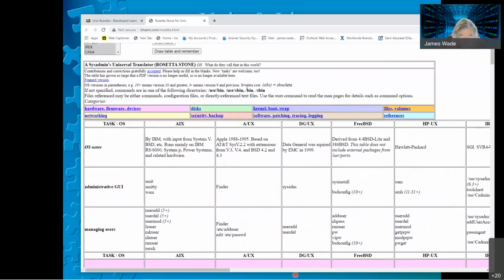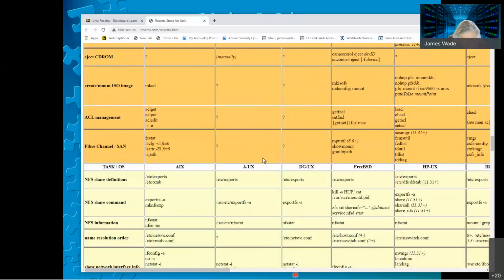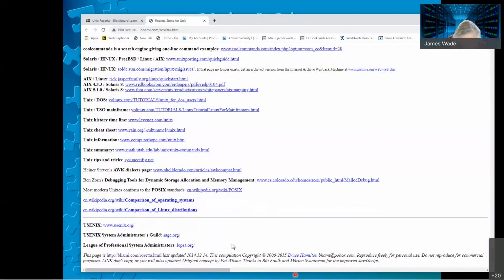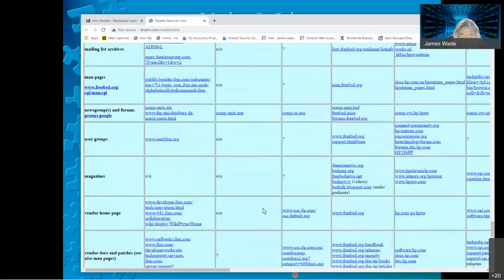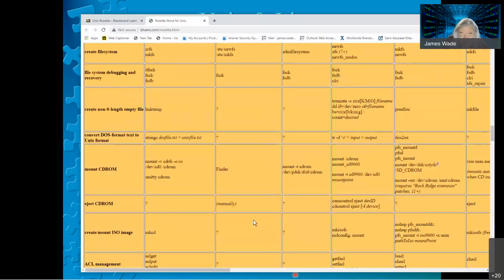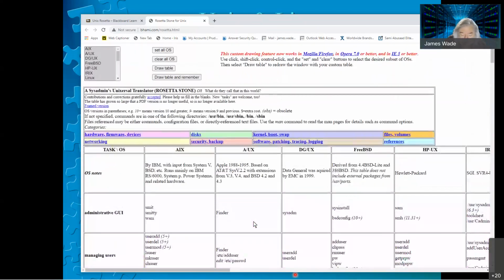And I don't know if this has been updated or when the last time the author updated this. Let's see, 2014, so years ago. But I still have used this a lot in the past in my career. Why? Because the main changes from OS to OS are like how you manage hardware. The commands might be slightly different from OS to OS.